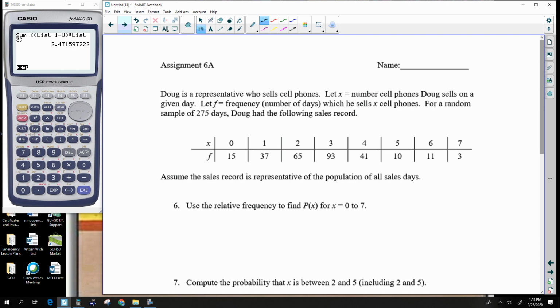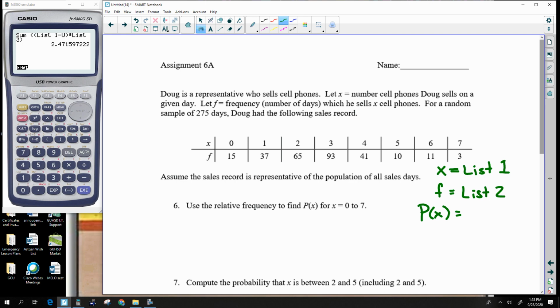So again, what I'm going to originally do is take my x's and put them into list 1, and take my f's and put them into list 2. Then I'm going to create my p of x's and store that as list 3.